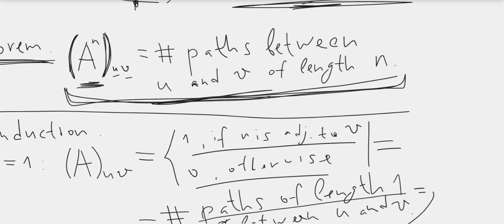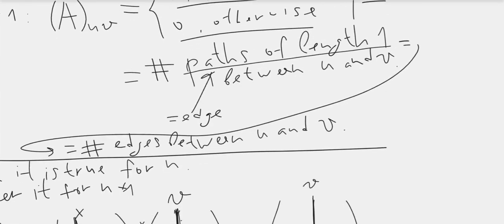Again, this is by induction. We supposed that this equality holds for n; this was the inductive hypothesis, and we needed to prove that it also holds for n plus 1.